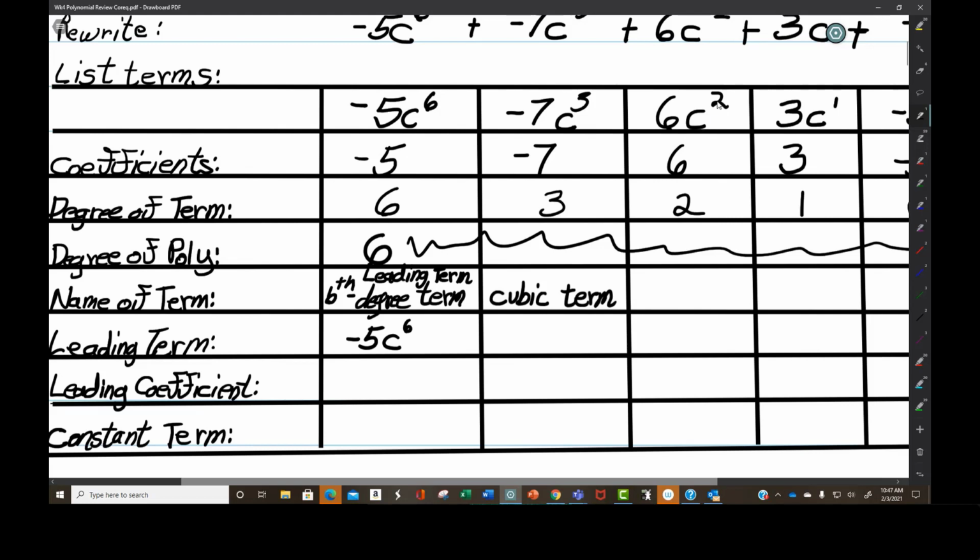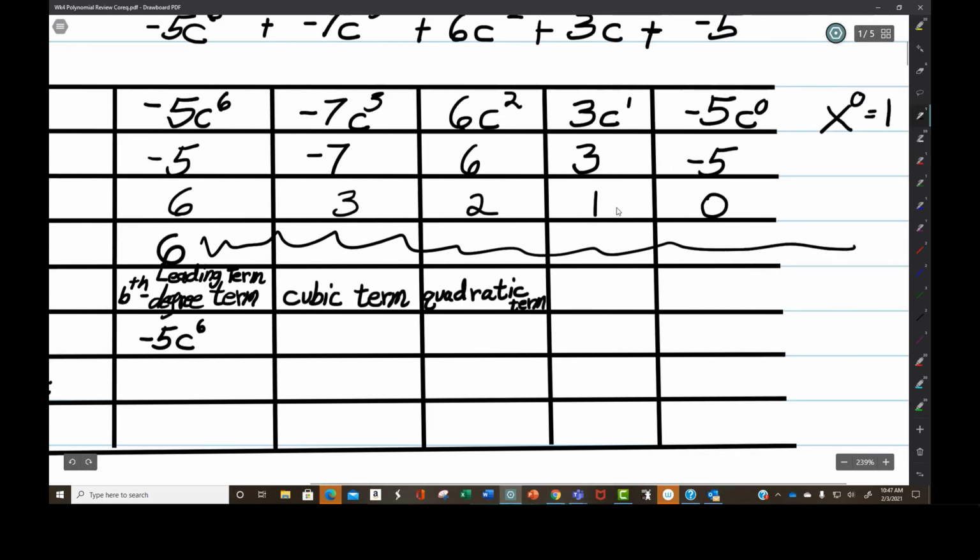This is a second degree term, which also has a special name, quadratic. Q-U-A-D-R-A-T-I-C, the quadratic term. This 1 degree term is a linear term.